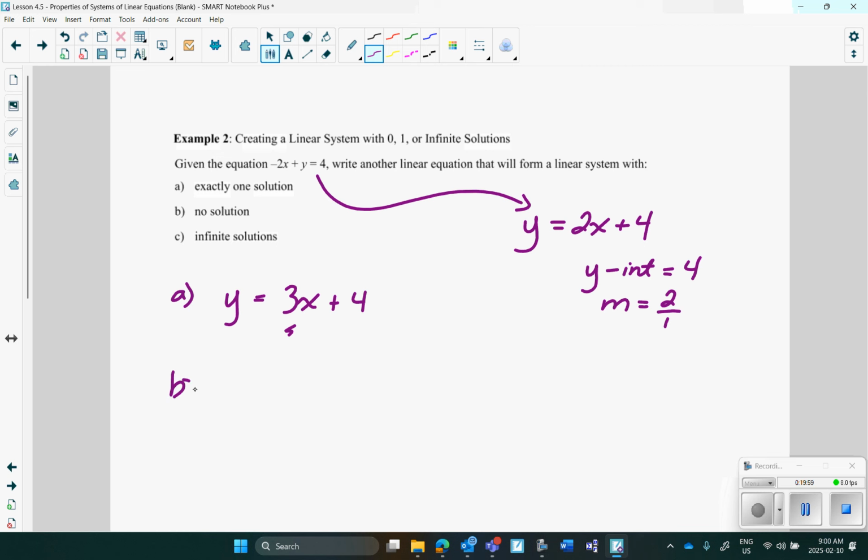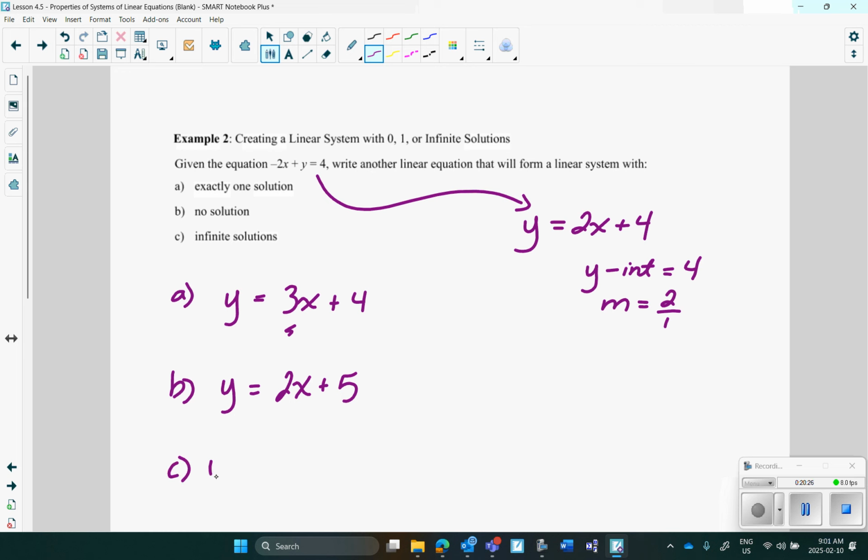No solution. Slopes have to be the same, but the y-intercepts are different. So give me an equation where this is the same, but this is different. 2x plus 5, sure. And infinite solutions?